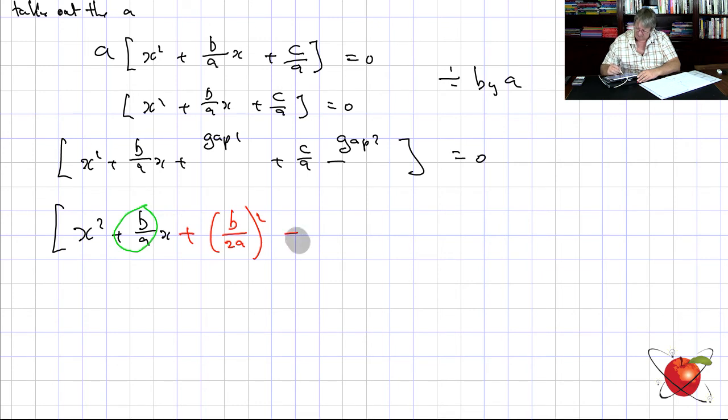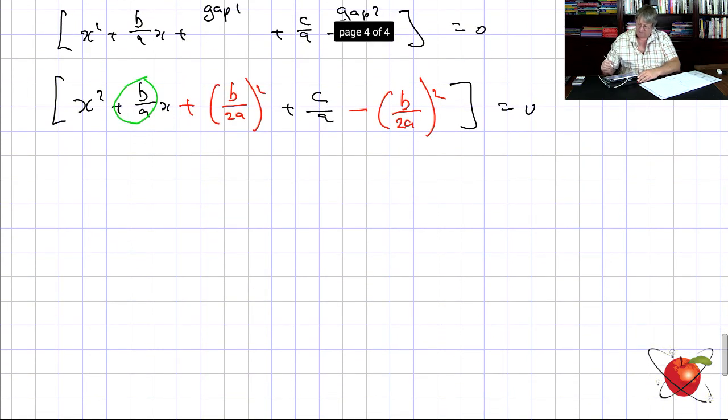And plus c over a, and in this one I'm subtracting the same thing, minus b over 2a all squared, equals 0.